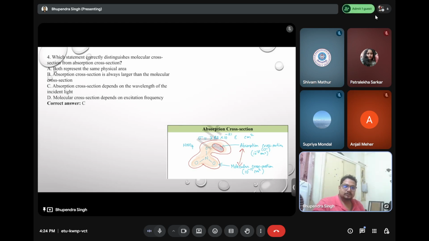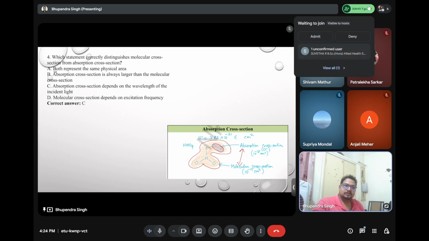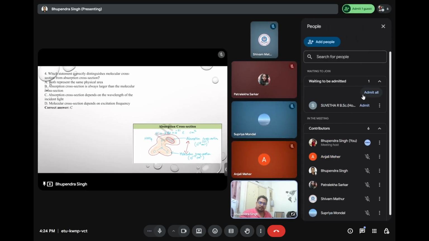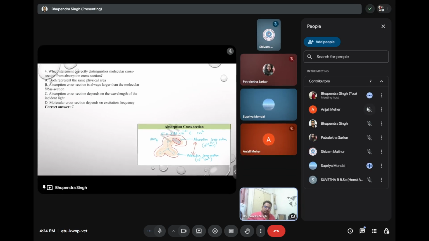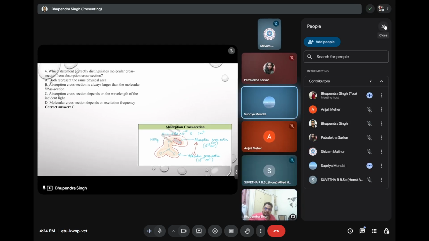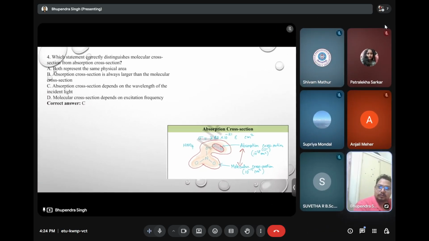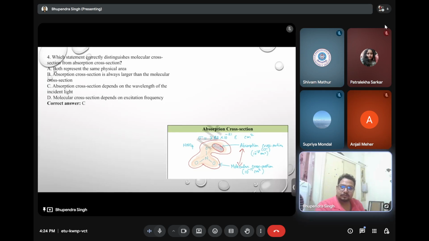The molecular cross section is the area of the whole molecule. The whole molecule, all the bonds between the atoms, will not absorb, because you are giving a particular wavelength.